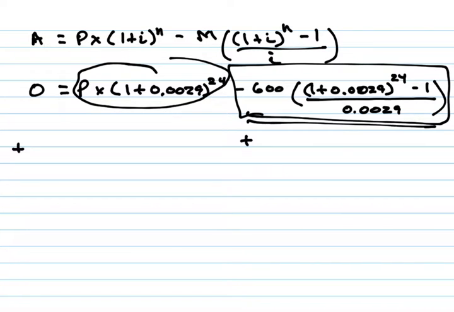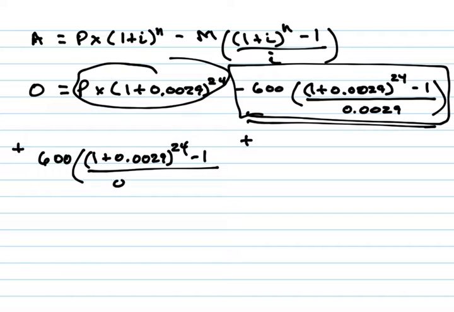But when I add that to 0, it just gives me 600 times all that stuff. Now, you could simplify it first if you want to. But I'm not, just in the interest of the notes.